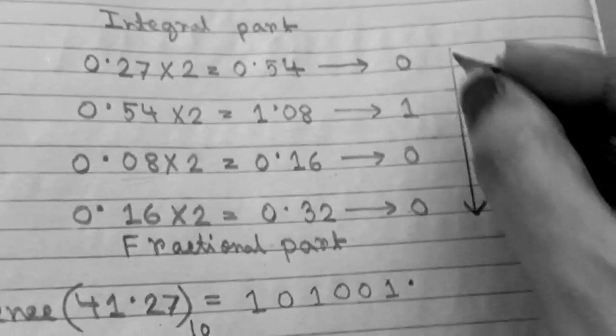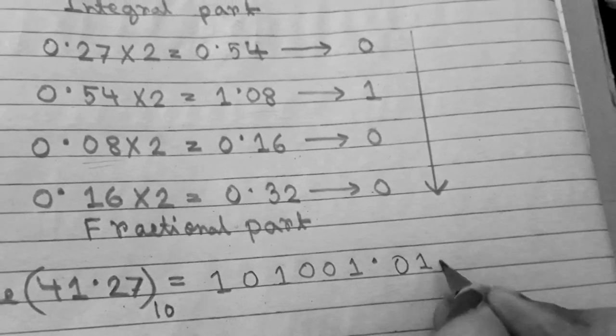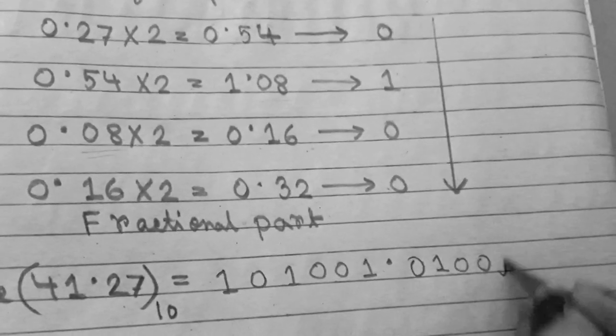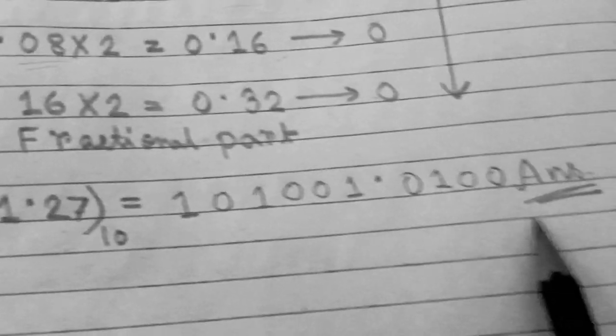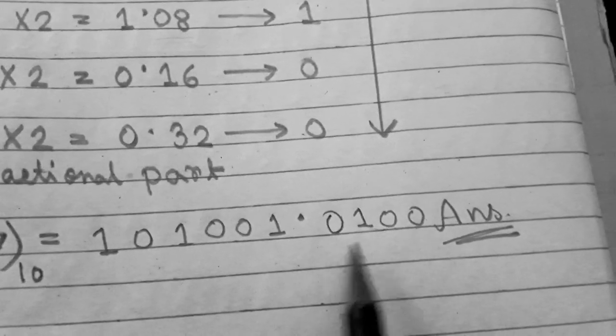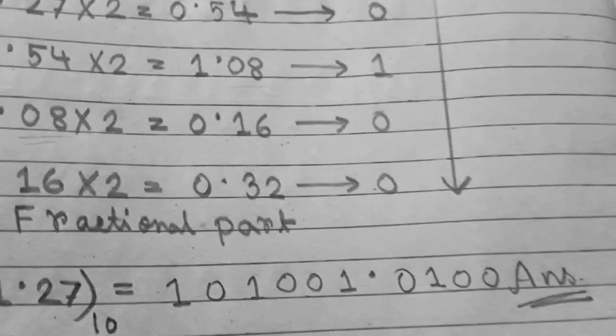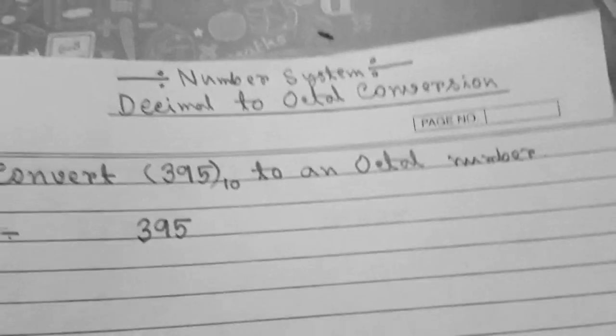Point. For the fraction, I get 0, 1, 0, 0. So this is the answer of our sum. That means 41.27 is equivalent to 101001.0100.